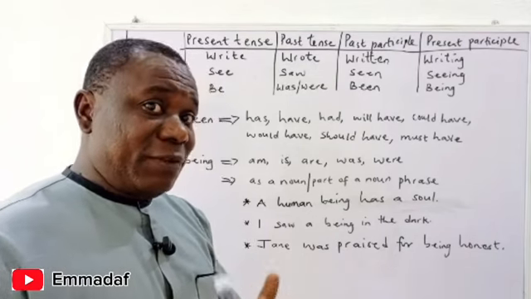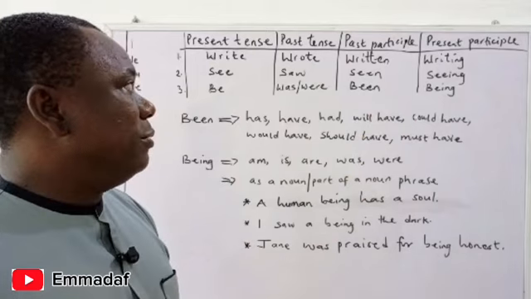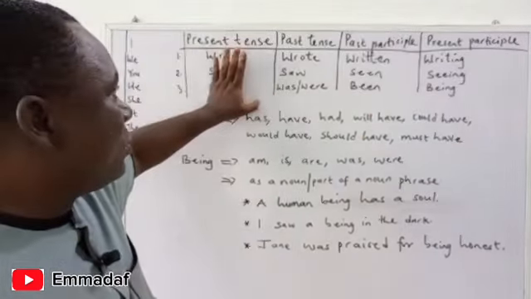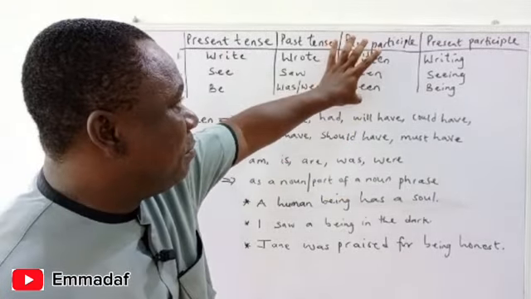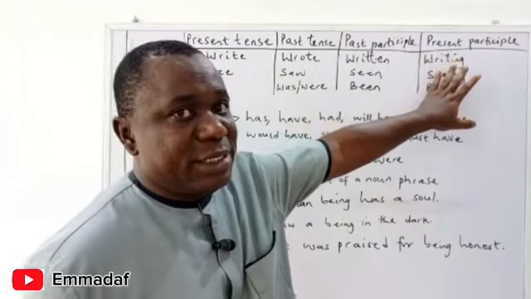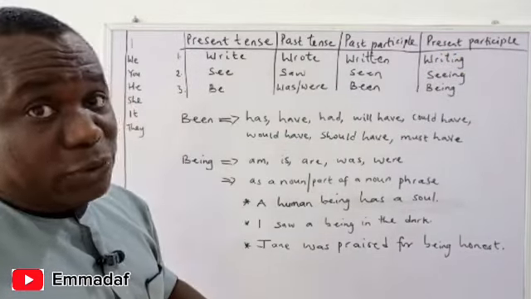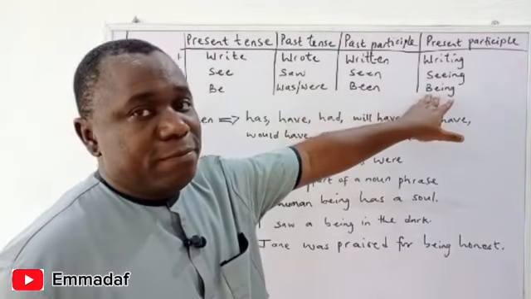The form of the verb that ends in ing is the present participle. Now, our focus in this video is on the past participle and the present participle, and with a special focus, of course, further down on "been" and "being".